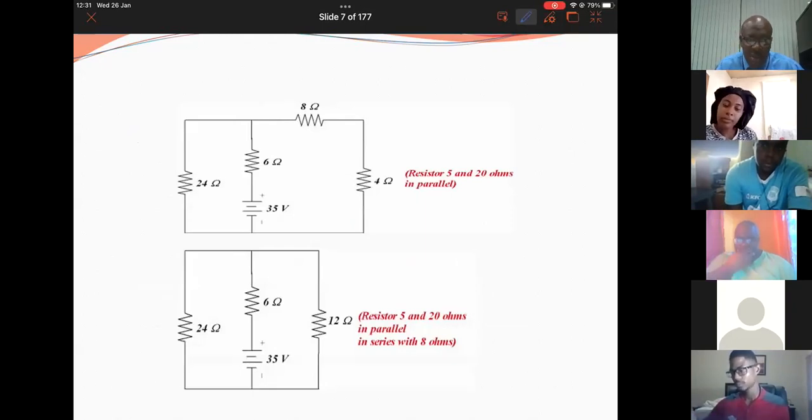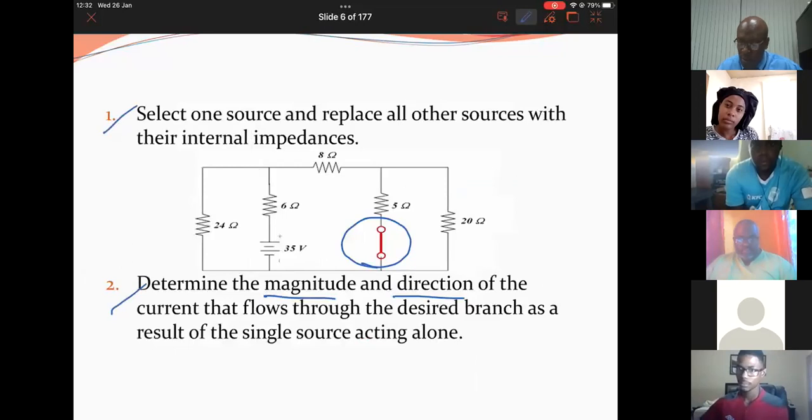We could use a resistance equation. So if we were to use the resistance equation, let's see.